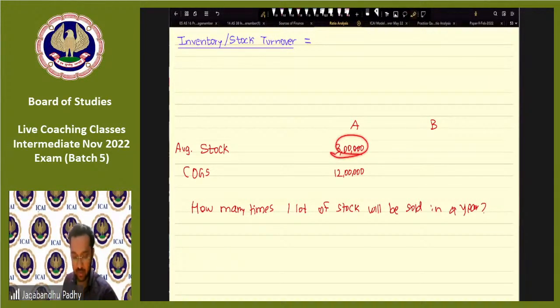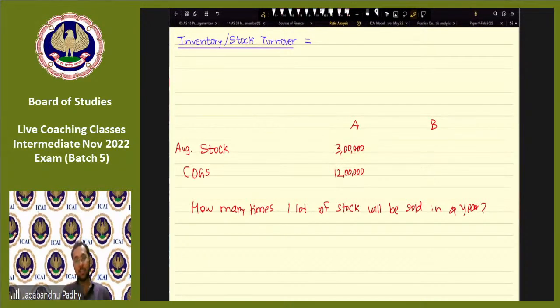If your average stock is 3 lakh and COGS is 12 lakh, in the full year you're making a sale of goods costing 12 lakh. And on an average, the stock that you have is 3 lakh. So how many times are you going to sell this 3 lakh?